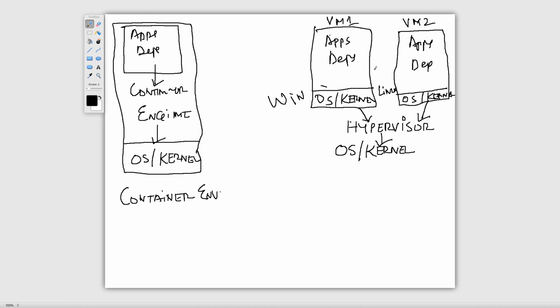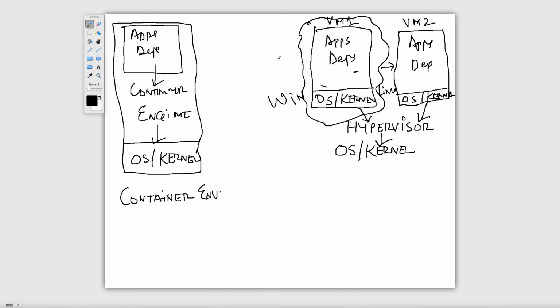Now, this kind of arrangement has its own advantages. It's completely isolated from another VM. So only in very dire circumstances is VM1 going to interact with your VM2, right? It's highly secure, an isolated environment. But the disadvantage of this setup is that it's very, very performance inefficient.